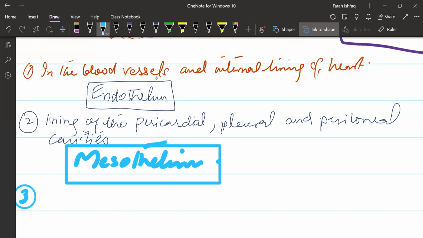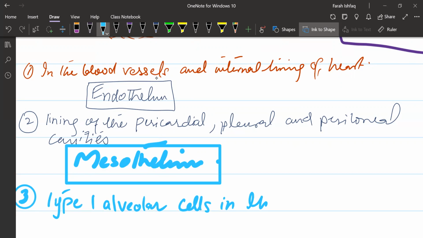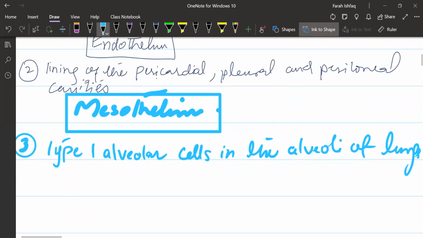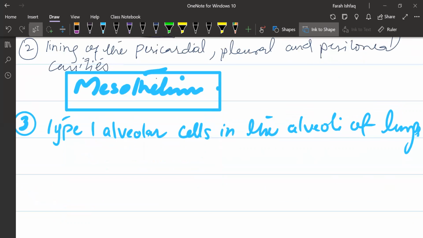Another site in the body where it is present, the most important one, is the type 1 alveolar cells in the alveoli of the lung. Now, because of its thinness, the simple squamous epithelium allows rapid diffusion of gases and water-soluble molecules.